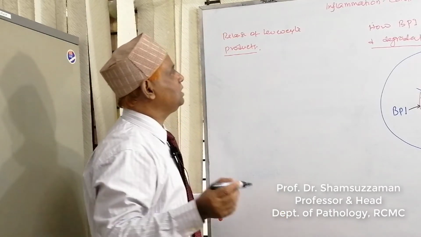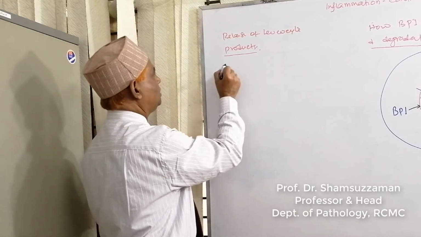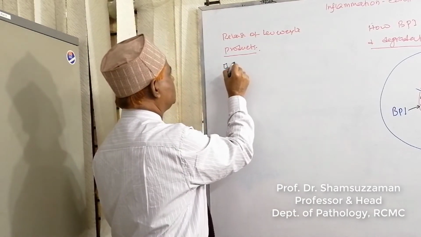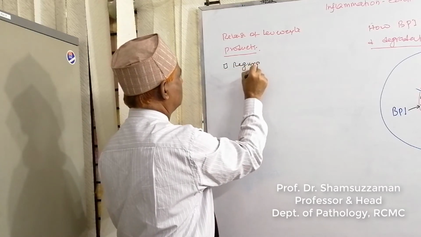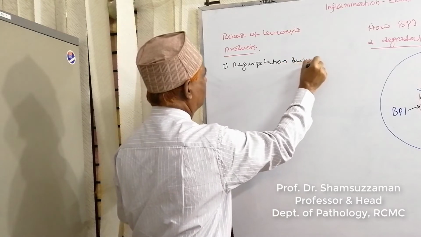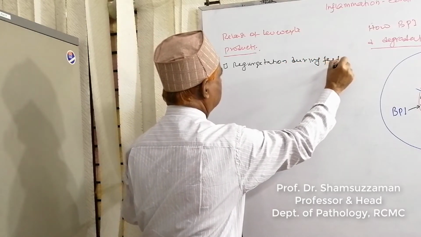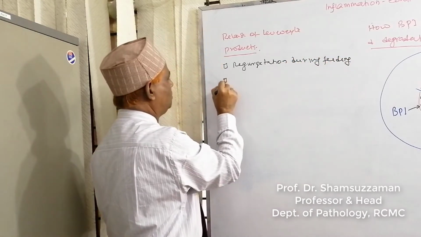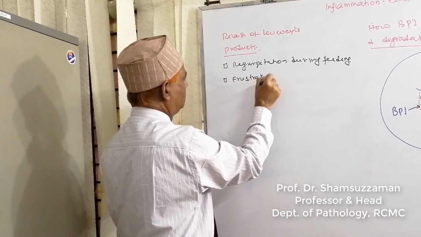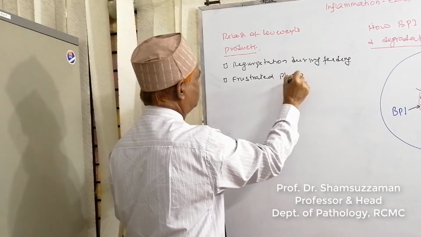There are three ways of release of leukocyte products. Number one, regurgitation during feeding. Number two, frustrated phagocytosis.